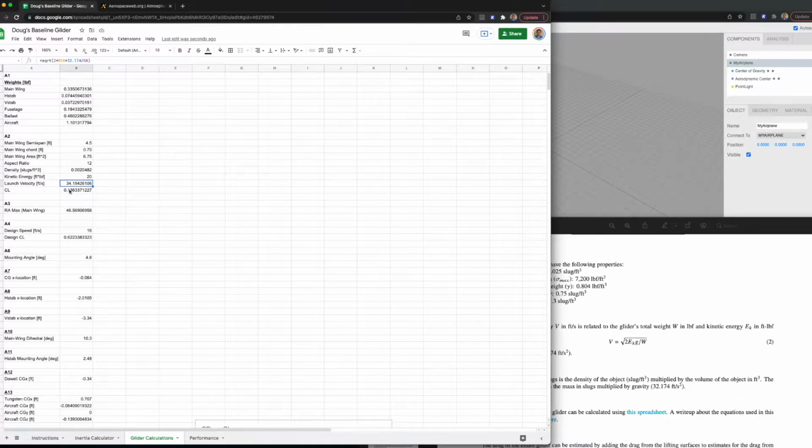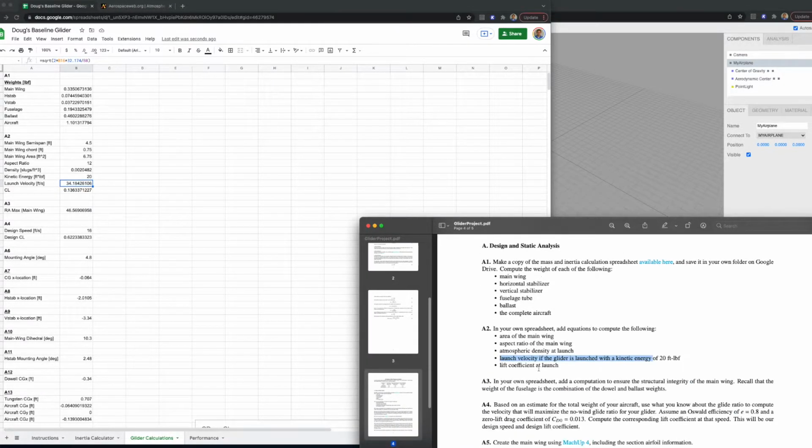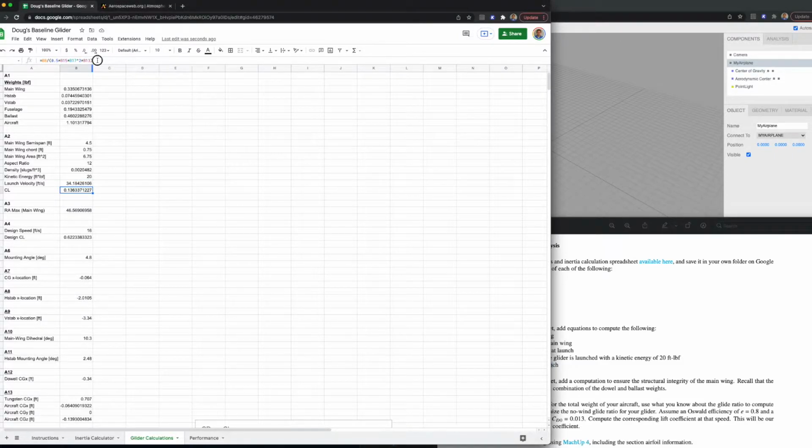And then finally we're asked, what's the lift coefficient? If that's our velocity, what's the lift coefficient at launch? So we're going to assume that lift is equal to weight, right?